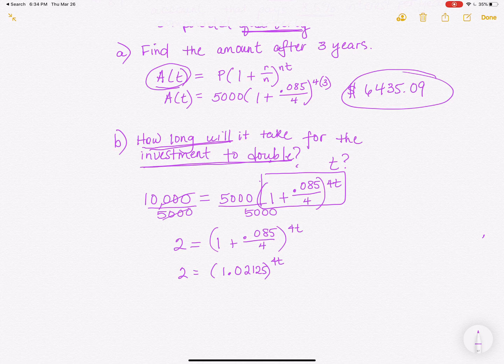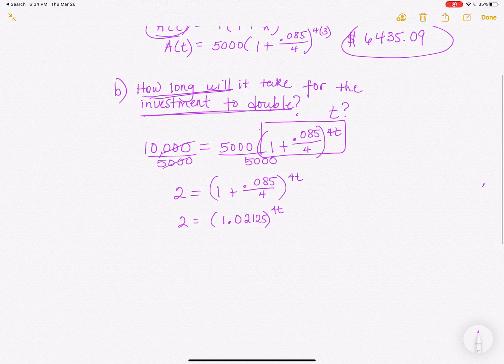All right, so to solve this, probably what you want to do is just add a log or change this to log form. So when I change this to log form, my base is this right here. So I'm going to say natural log or log, it doesn't matter, common log. So I'm going to do the log with base 1.02125 of 2 equals 4t.